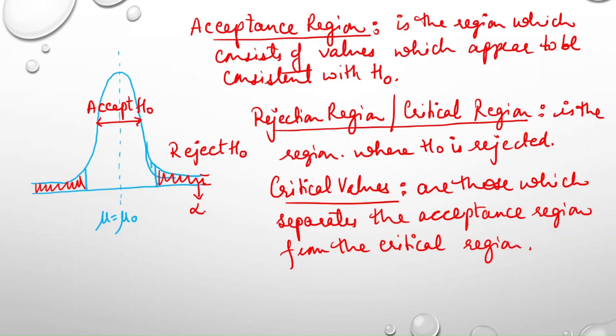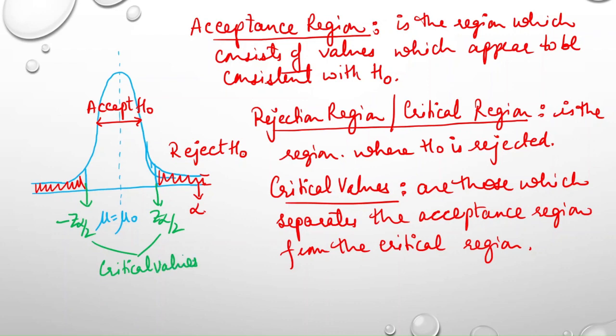So the critical values would be defined. These are the critical values, defined by minus Z alpha by 2 and Z alpha by 2. These are the critical values which separate the acceptance region from the rejection region.